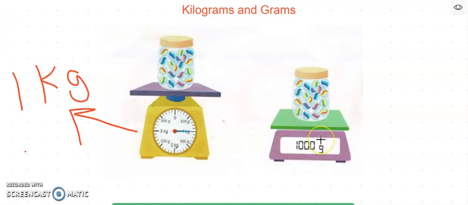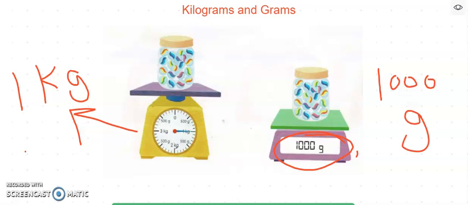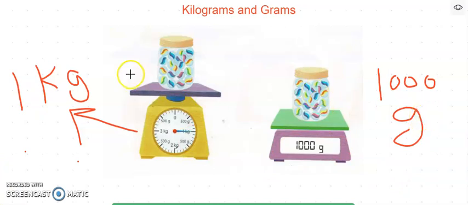Okay, the second one shows that the mass of the container is 1000 grams, right? I can understand from this that 1000 grams is equal to 1 kilogram, because we have the same container and two different scales give us two different readings.